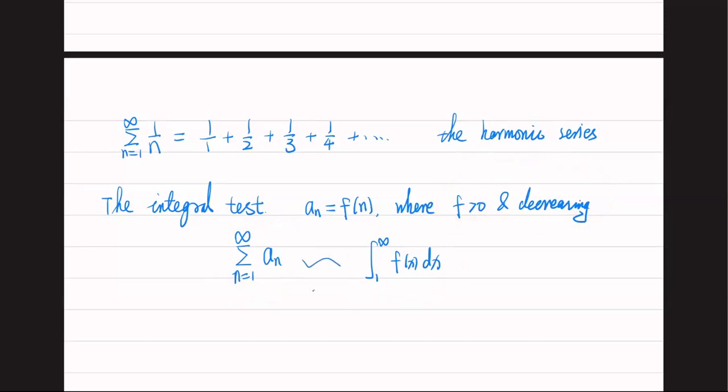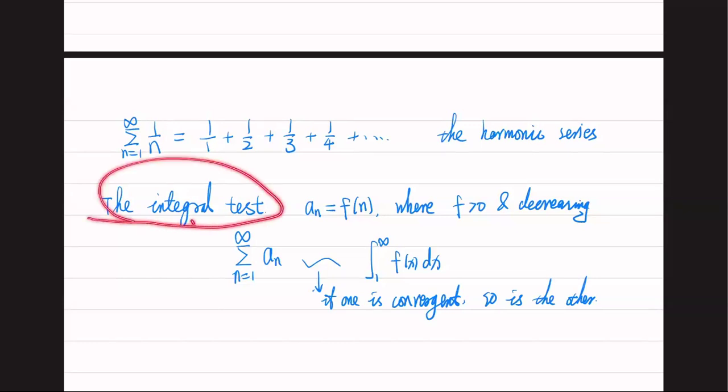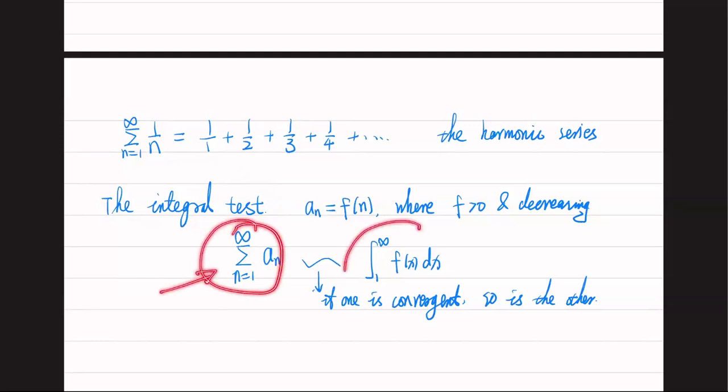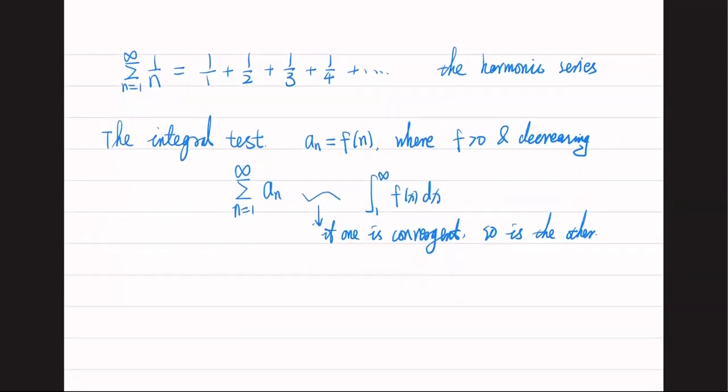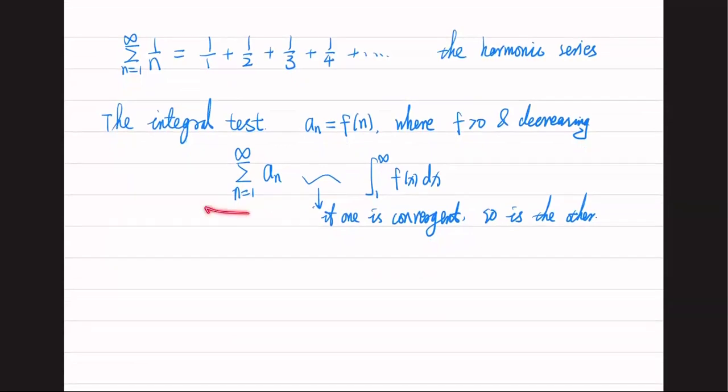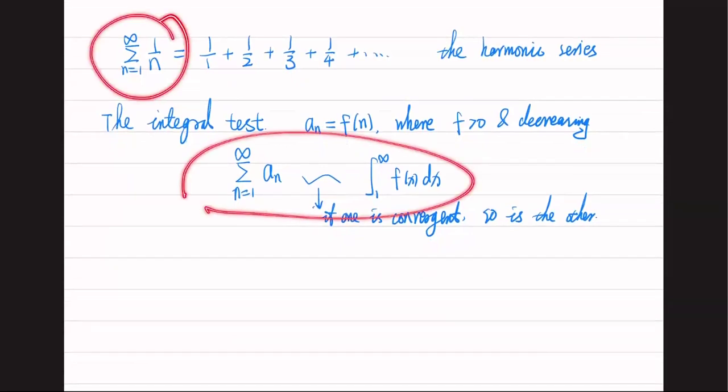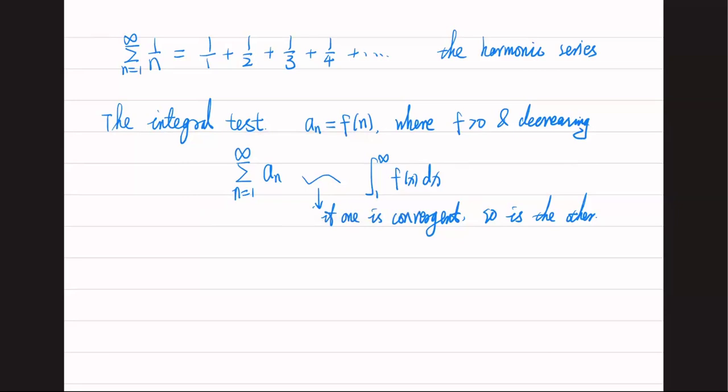It means if one is convergent, so is the other. This is why we call it the integral test. In order to determine if it's convergent or not, we compute the integral of the corresponding function. Okay, let's use this method to check the harmonic series.